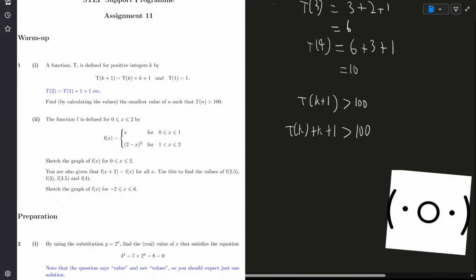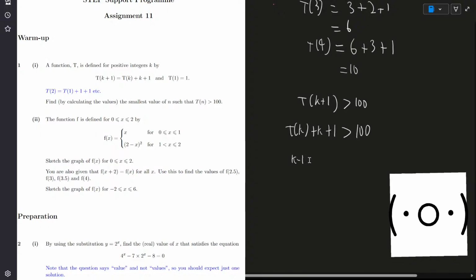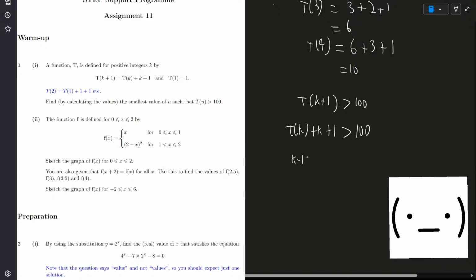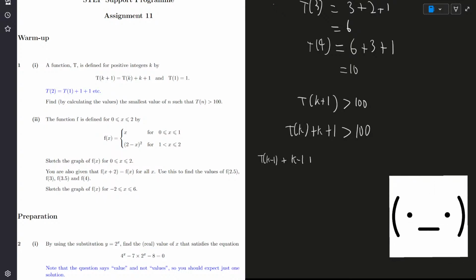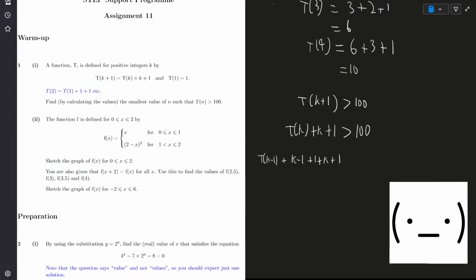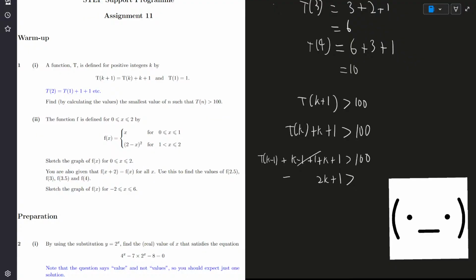Now we know the t of k is in turn t of k minus 1, plus k minus 1. So these two cancel each other out and it becomes this.